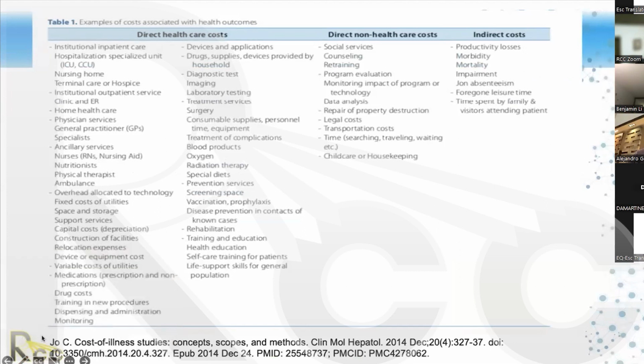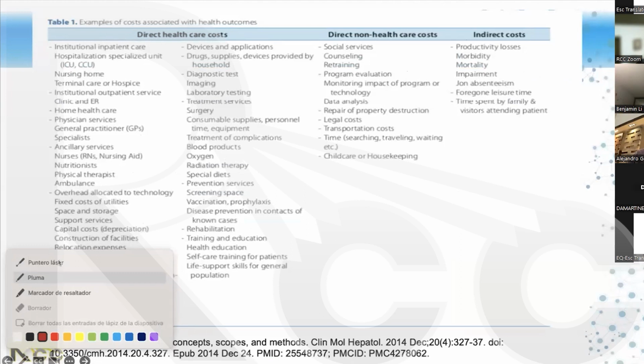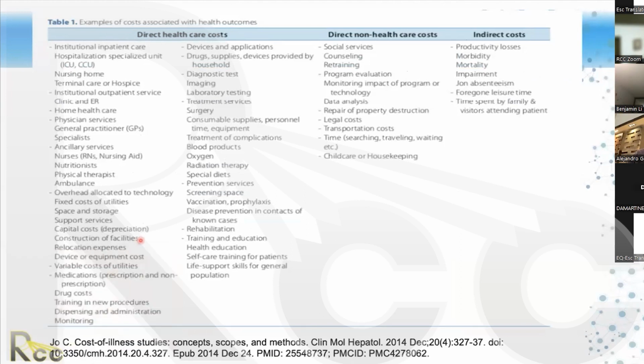So here we have a table where there are multiple costs that are direct and indirect. And all these costs must be considered at the time of prescribing a treatment.